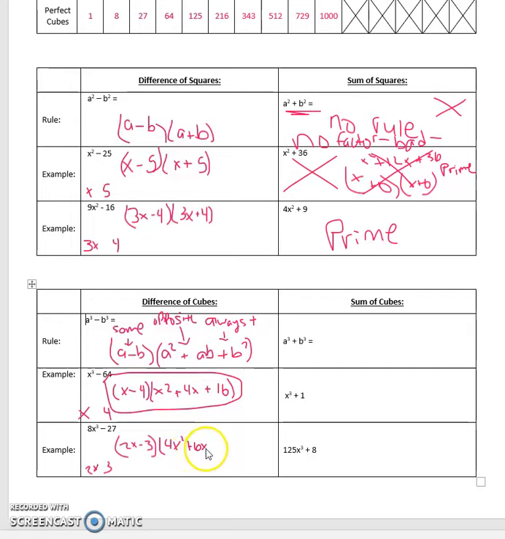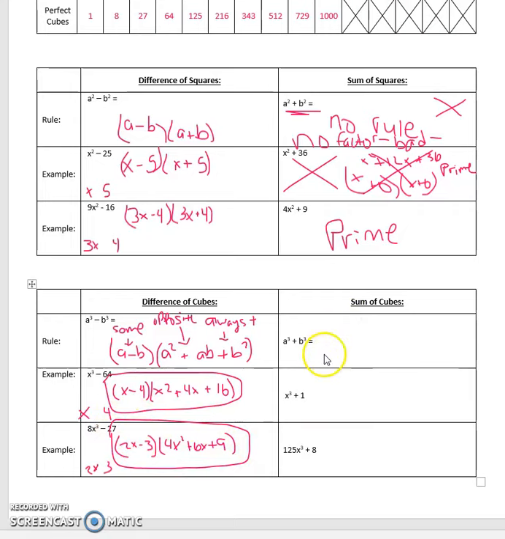Remember, we're doing plus because we do the opposite, and then we do plus again just because it's always plus. B squared, so 3 squared is 9. And that is it for this one. That's good. Leave it like that.